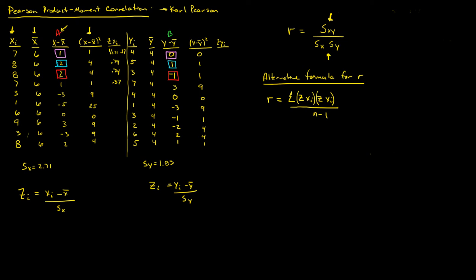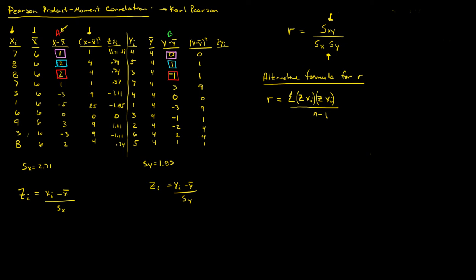This is again 0.37, negative 1.11, negative 1.85, 0, 1.11, negative 1.11, and 0.74.